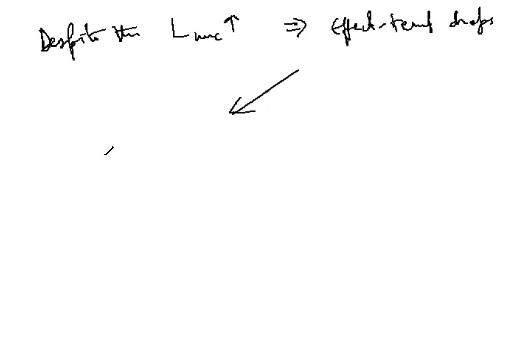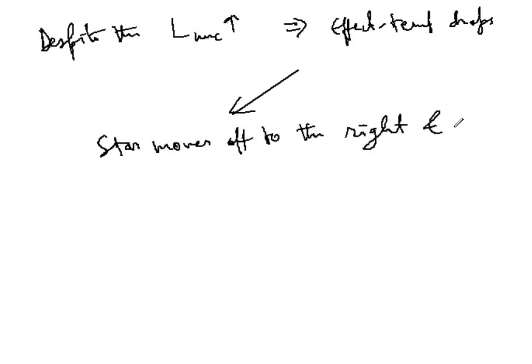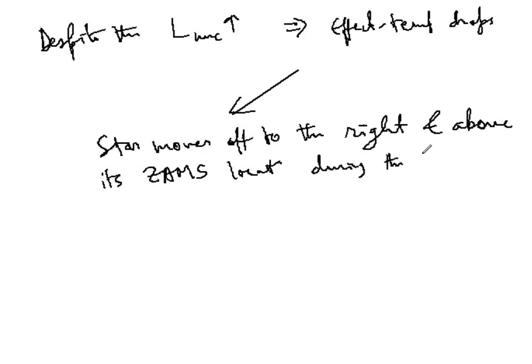And as a result, the star moves off to the right and above its ZAMS location during the main sequence evolution in the HR diagram.